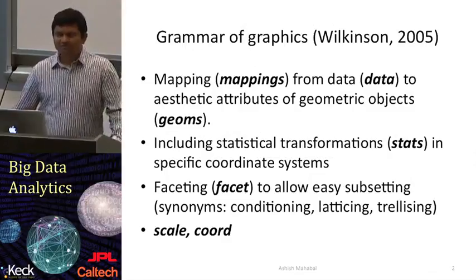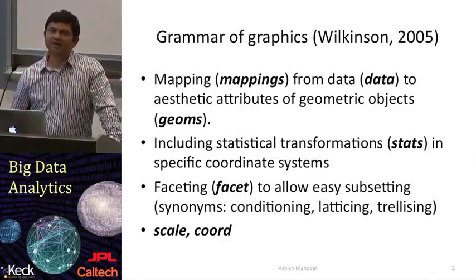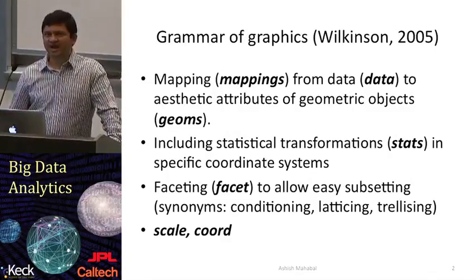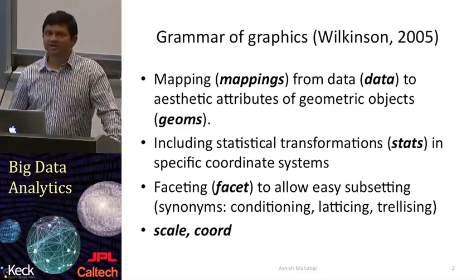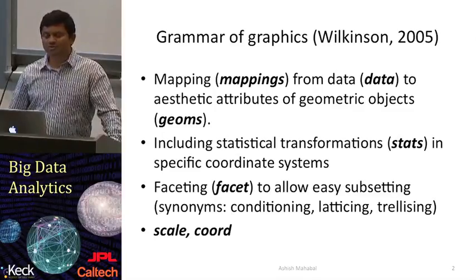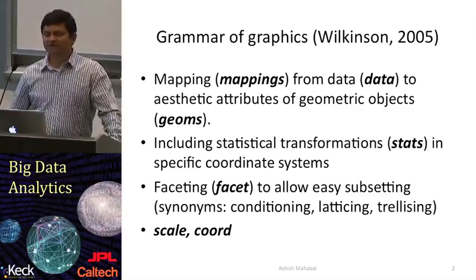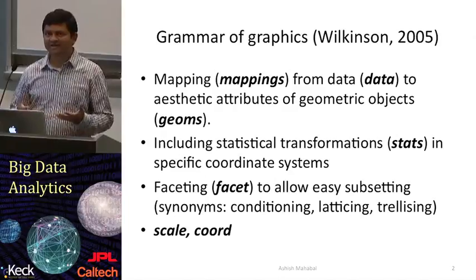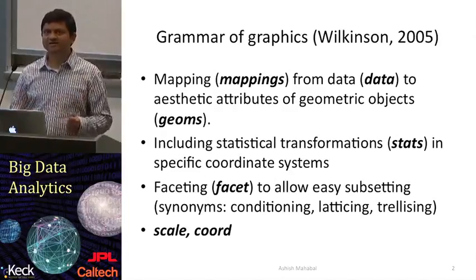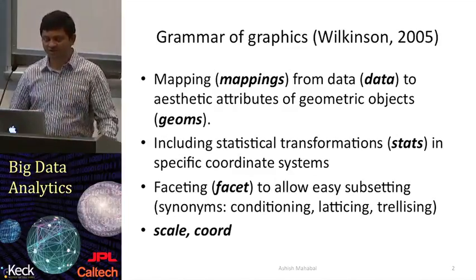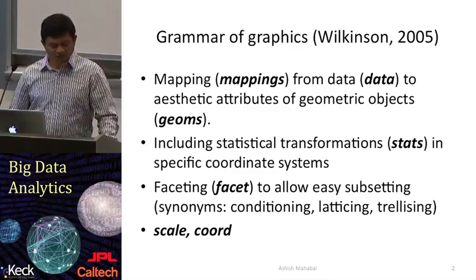So what is the grammar of graphics? Just like the grammar of a language has various concepts, and there is a structure to each sentence, there is a relationship between different words, say verbs, adjectives, nouns, and so on. Similarly, in the case of grammar of graphics, it looks at graphics as a picture built of various elements which have specific connections with each other. So what are the keywords here?